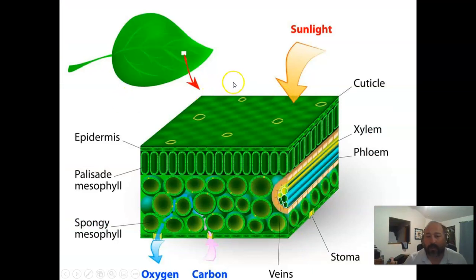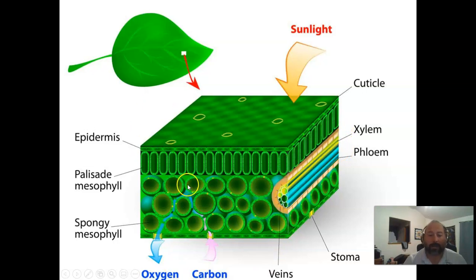And so just kind of putting that process to work, trying to tie in some of these ideas. So we've got sunlight coming in, we've got carbon dioxide coming in, and then we'd have water being pulled up into here from the xylem.